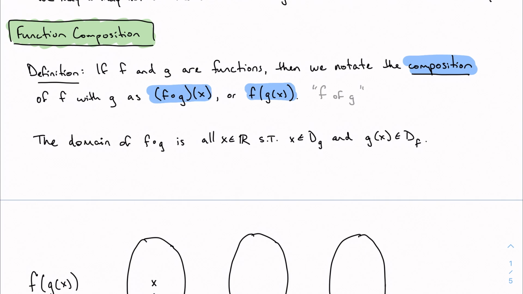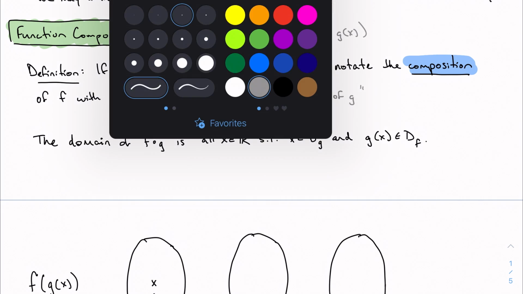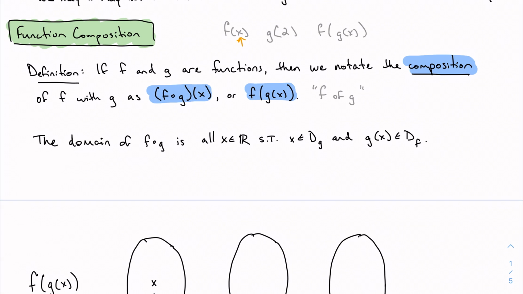This is not unusual notation, it's just notation we're using in a different way. We're used to f of x. We've seen f of 2 or g of 2. Well, now f of g of x is going to tell us that instead of evaluating a function with, say, a single variable or a number, we're evaluating a function with another function, and that's all this is.